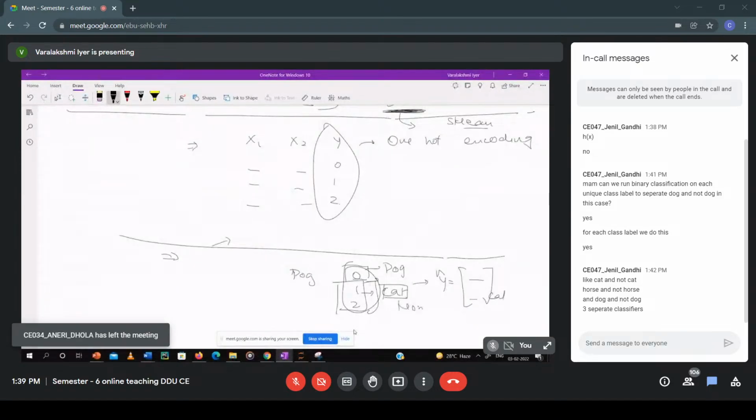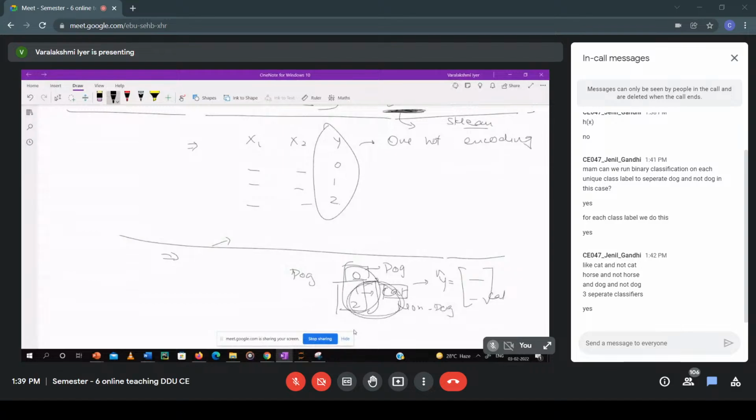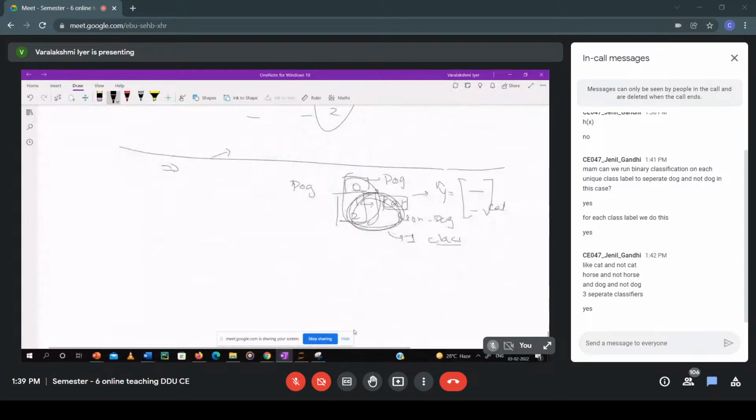You want to put the whole rest into one class. But in that case, you have to make changes in the data set, as far as I know, to obtain a sigmoid output. But what we are trying to do here, and why we are using softmax, is to obtain the probabilities for all the classes that we have.